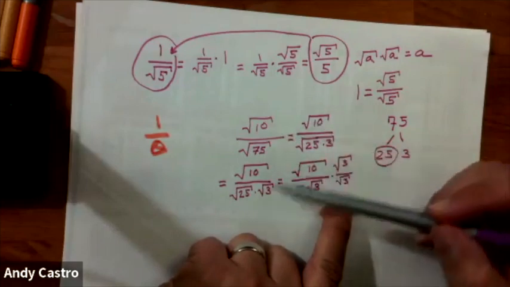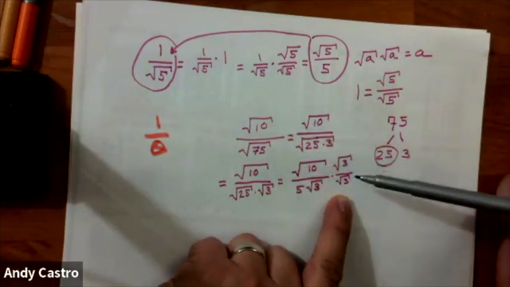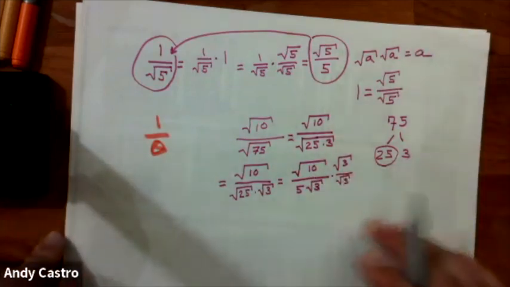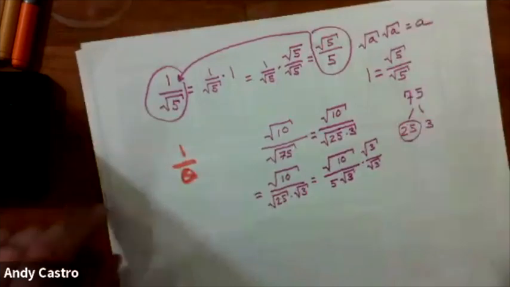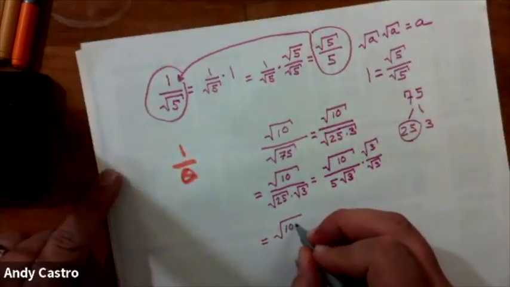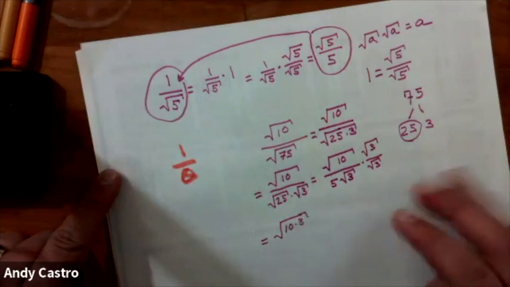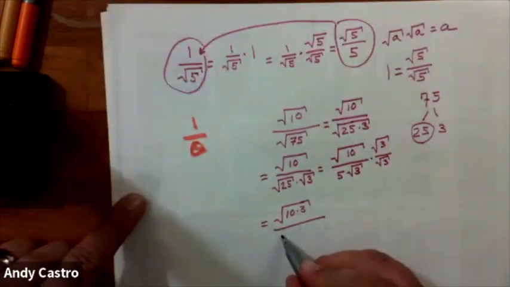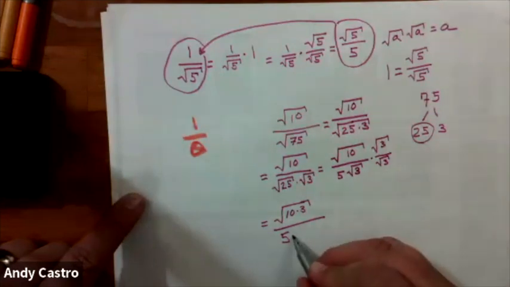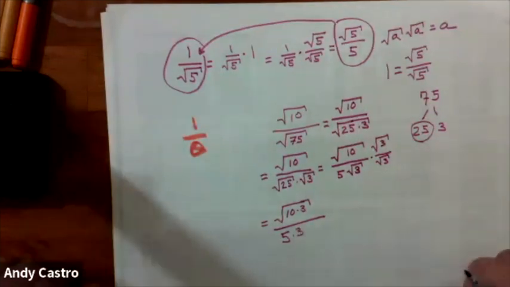So I always look to see if there's a way to simplify before we're doing this. So the square root of 10 times the square root of 3, I can put that underneath the same radical. Square root of 10 times 3. And then here in the bottom, I have 5. Square root of 3 times square root of 3 is 3.